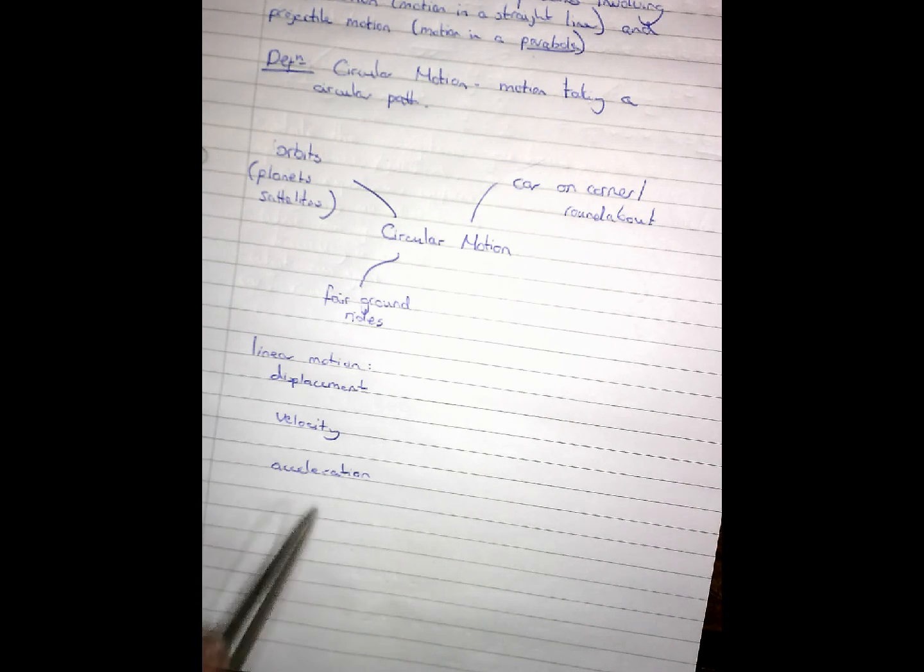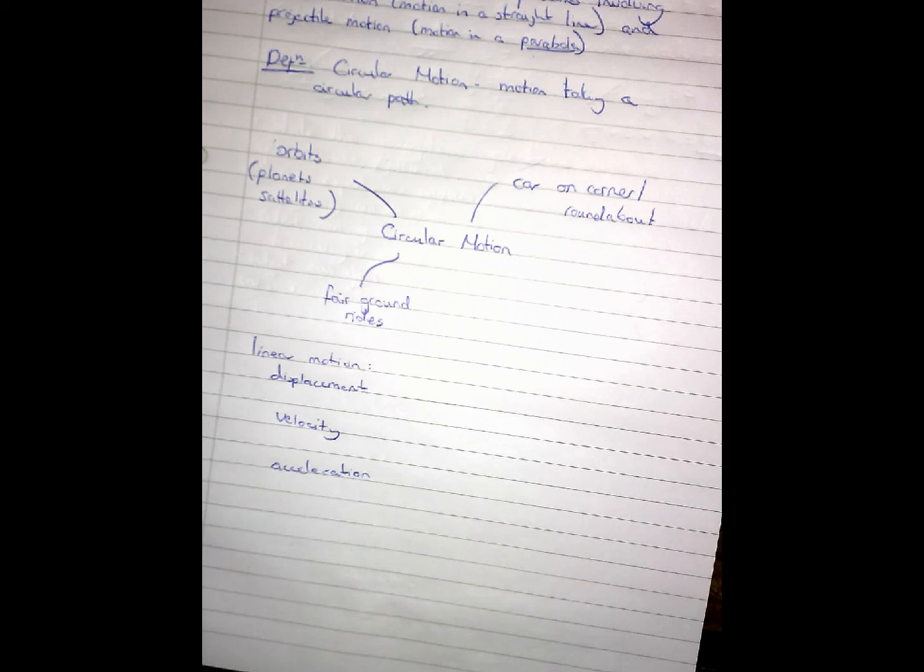Now, we can describe circular motion with these terms as well. In fact, we will go on to do that. However, with circular motion, it also helps to introduce some new definitions.